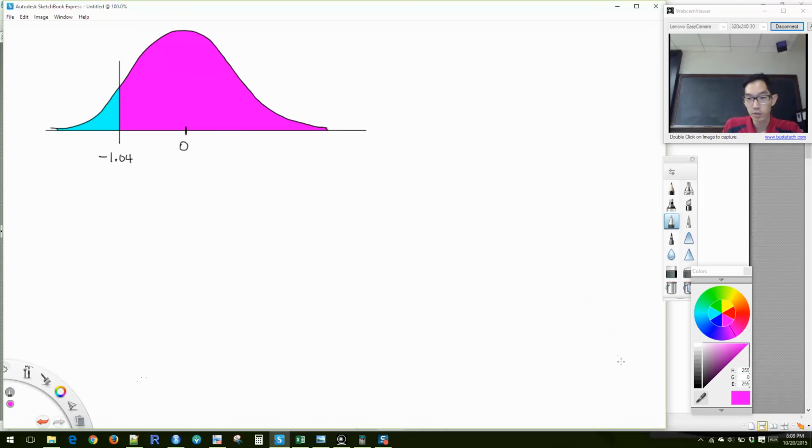So I'm going to ask you two questions. How much is shaded in blue? And how much is shaded in purple, or magenta?